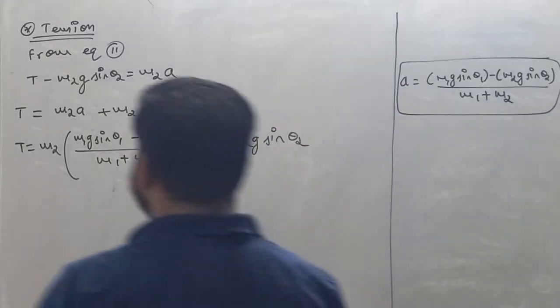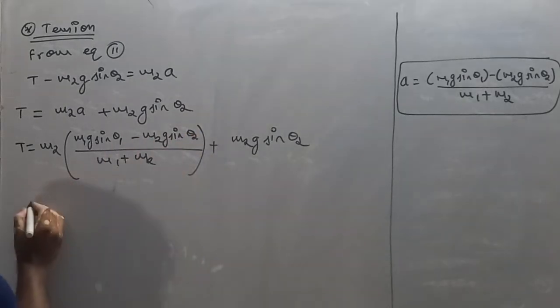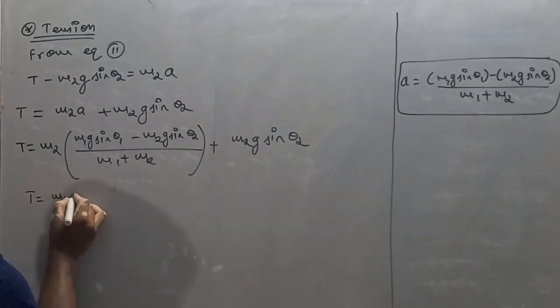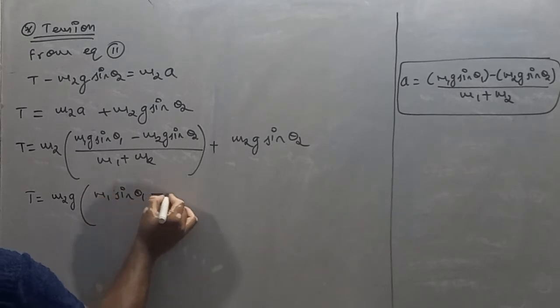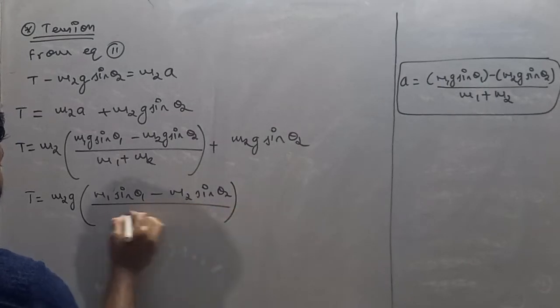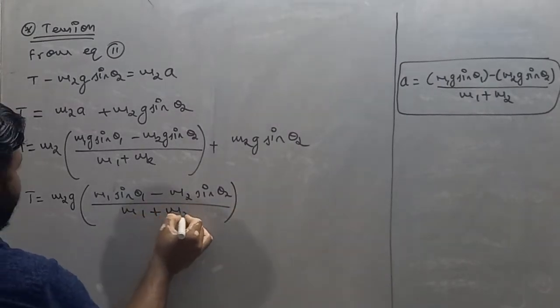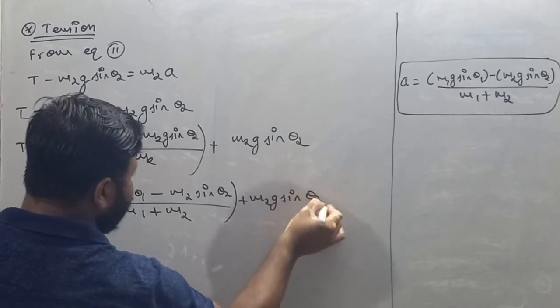Now my dear student, g gets common, so T becomes equal to m2g times m1 sine theta 1 minus m2 sine theta 2 upon m1 plus m2, plus m2g sine theta 2.